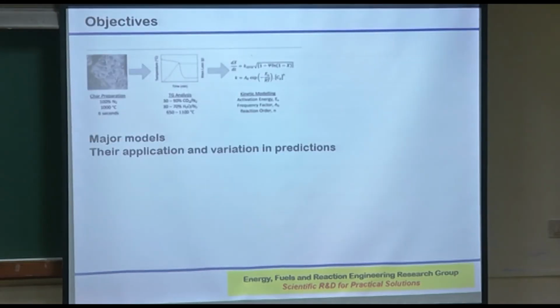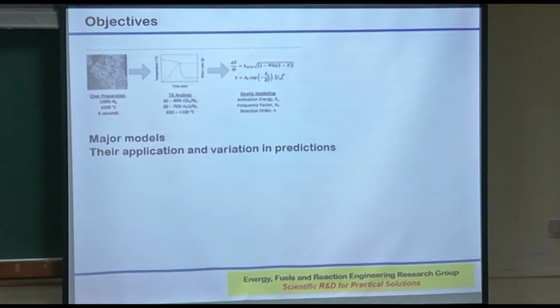So the purpose of this particular work in her case was to look at the three different models that people use from literature straight away, their application, and then the variation in the predictions matched against what the TGA exactly produces.